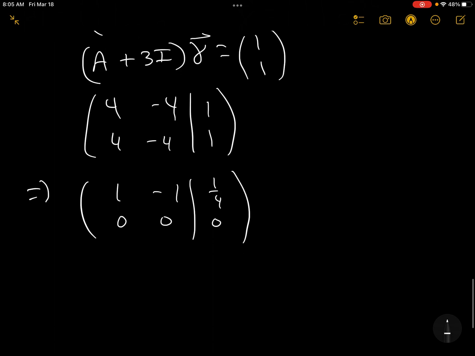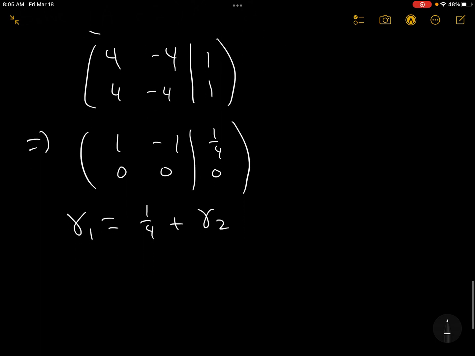Okay, and this says that gamma 1 equals 1/4 plus gamma 2. So writing that all out, this implies that gamma 2 is free.